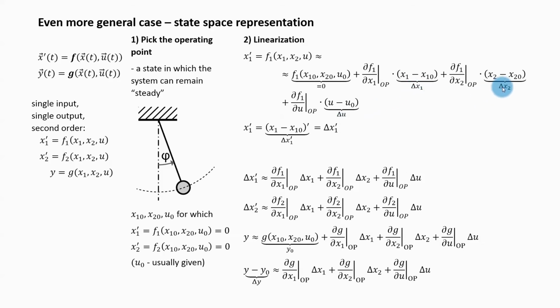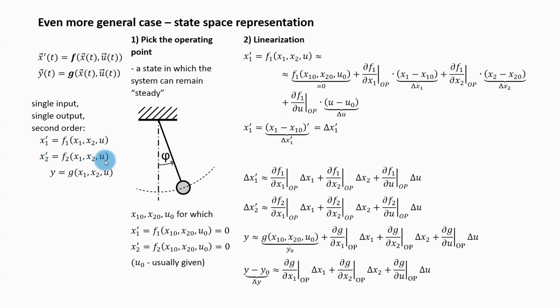These deltas correspond to small variations around the operating point. And also I can write the derivative of the first state variable like this, because the derivative of this constant is 0. Now I can denote this as derivative of some delta x1. When I do this, I can write this equation like this. And this would be the linearization of the first state equation.